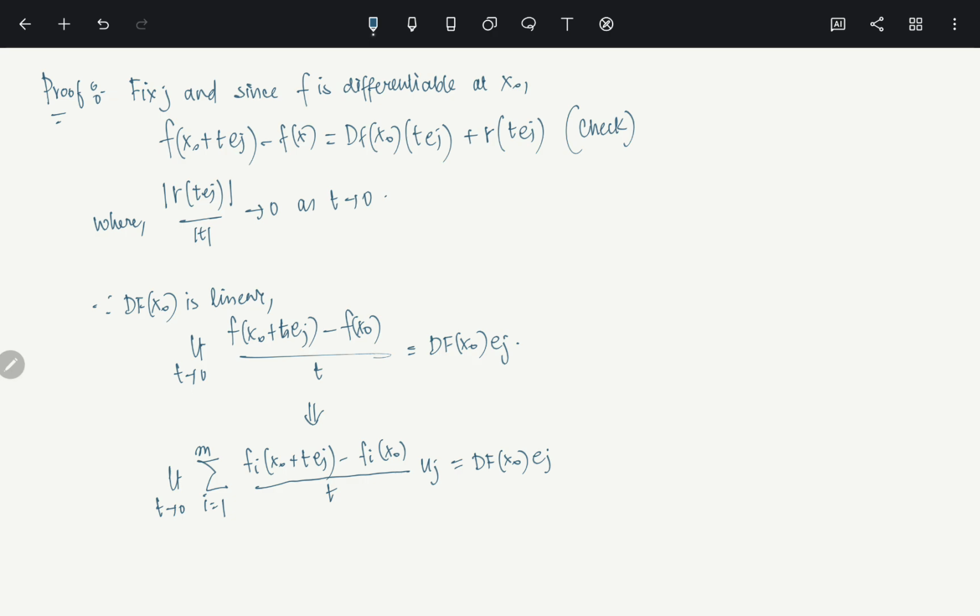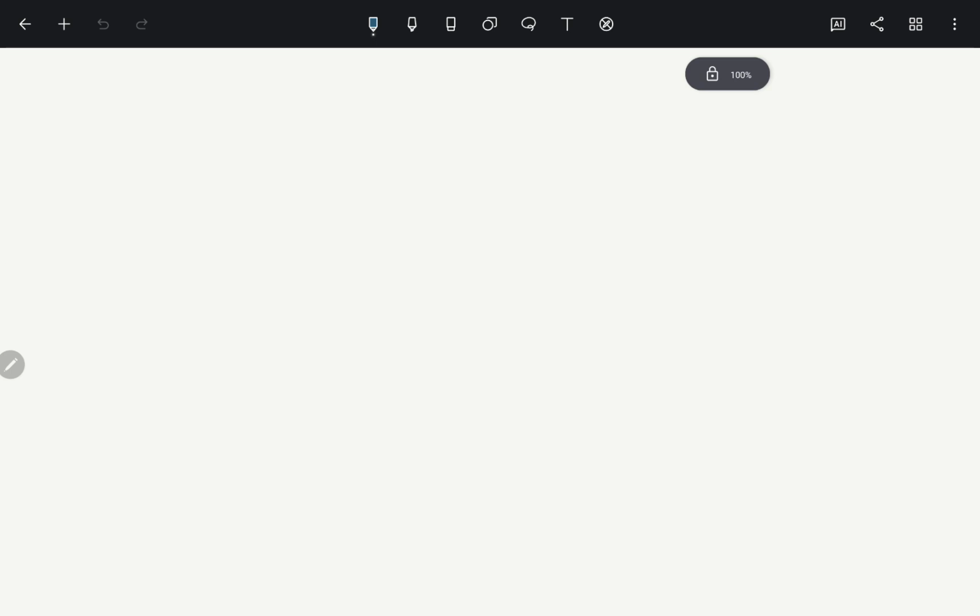Clear? Breaking it into components, one gets this, which is nothing but our assumption. So what I am trying to say is that although it is a derivative, it is nothing but a matrix.